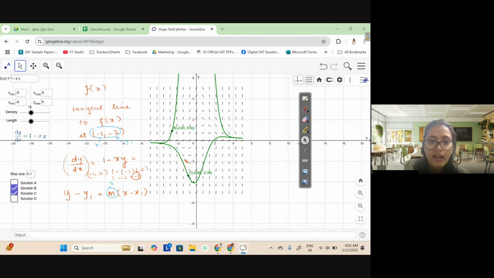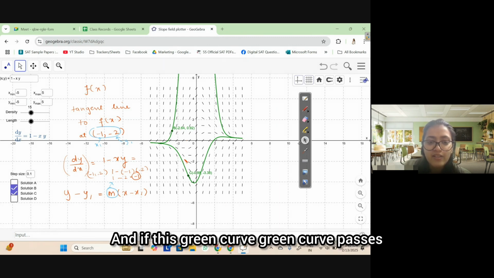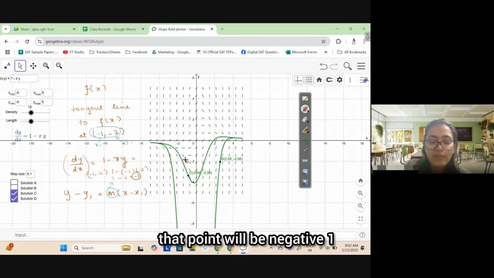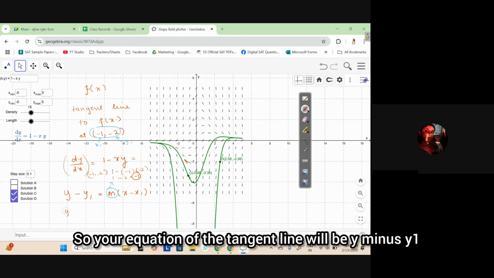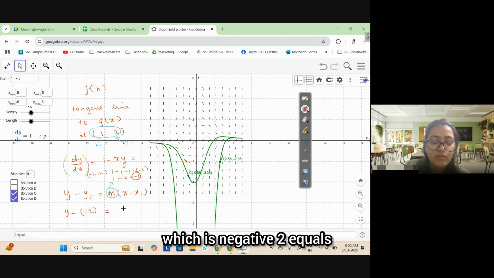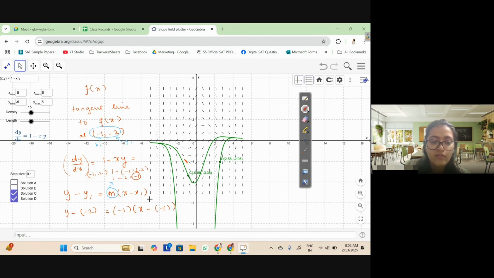And if this green curve passes through this point, for any different value of c, the slope of the tangent at that point will be -1. So your equation of the tangent line will be y minus y1, which is -2, equals -1 times x minus x1. x1 is again -1.